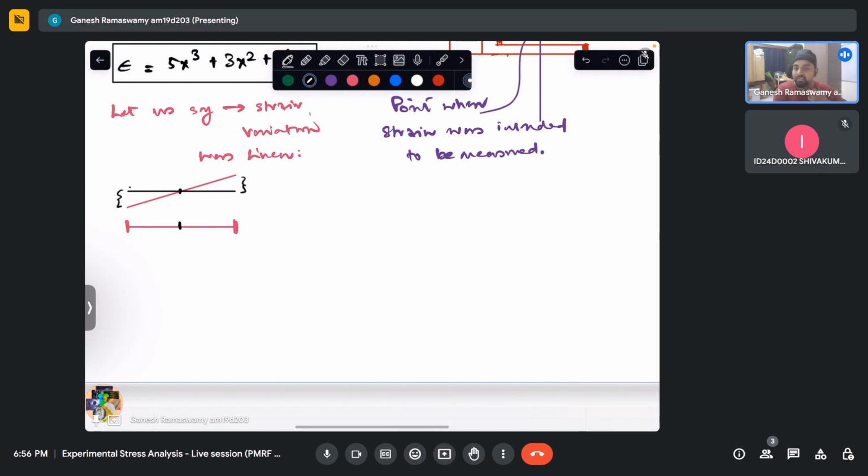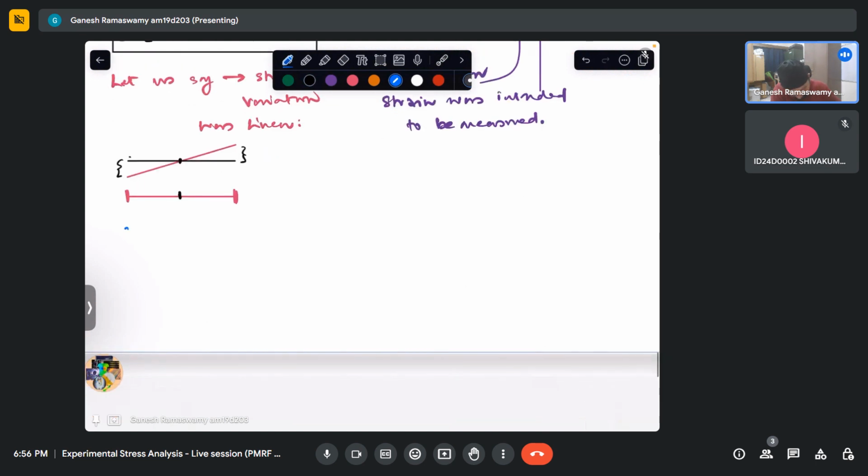But in this case, we have a cubic variation. So we would have to calculate the average. Calculating the average strain.